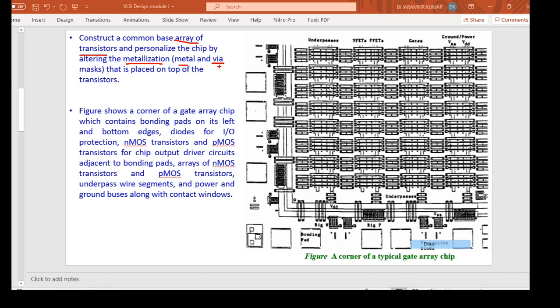And vias are the connections between different metal layers. Okay, we can have different metal layers. It can be a single metal layer IC, it can be a multiple metal layer IC.